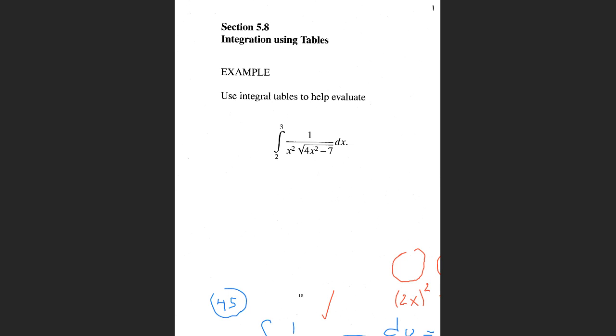Okay, yeah, we could write this as the square root of 4 times x squared minus 7/4. And then we have the square root of 4 times the square root of x squared minus 7/4. Yeah, that would work. And then you can take that out, and that goes on the left side of the integral. That would work, actually.